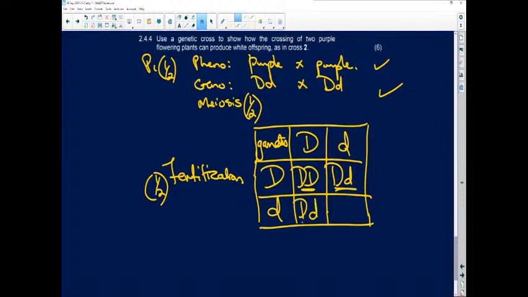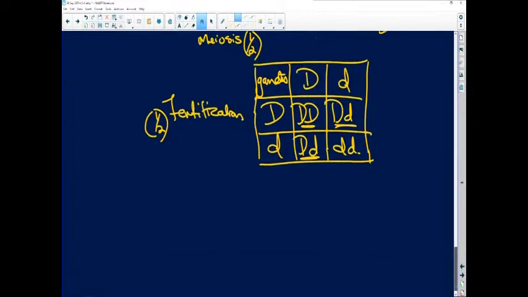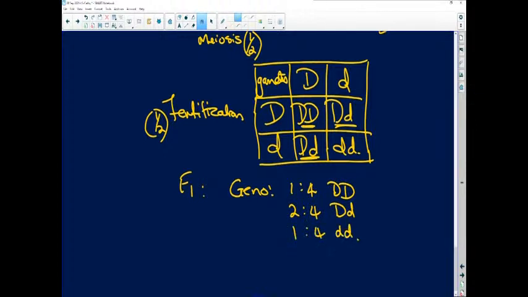Capital D, lowercase d, heterozygous purple. Lowercase d, lowercase d. What is my ratio here? So my F1, what do I have? I have the genotype. Please, you must write it out. 1 to 4 is going to be capital D, capital D. 2 to 4 is going to be capital D, lowercase d, and 1 to 4 is going to be lowercase d, lowercase d.